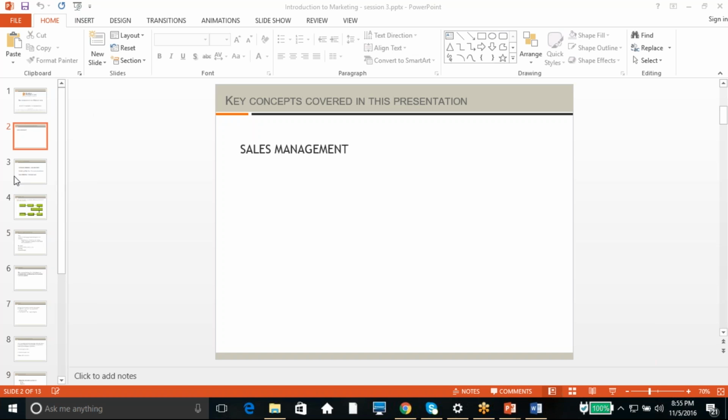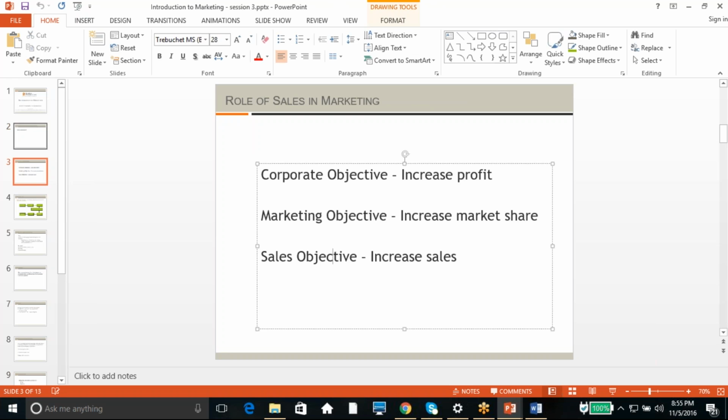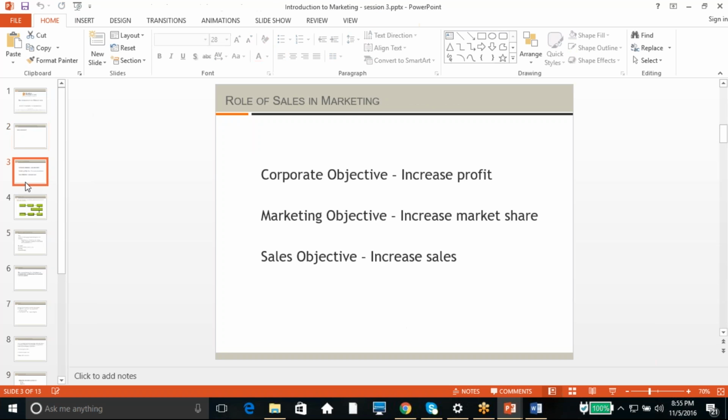So basically, when we look at sales management, we consider it separately because there are three very important parameters again. A corporate objective is to increase profit. A marketing objective is to increase market share, whereas a sales objective is to increase sales.